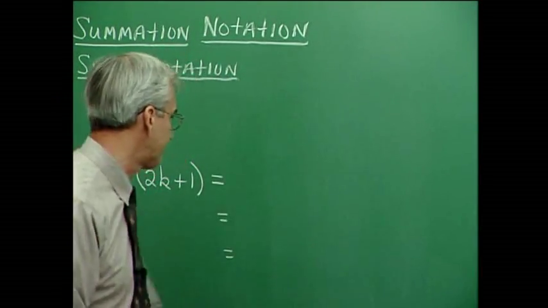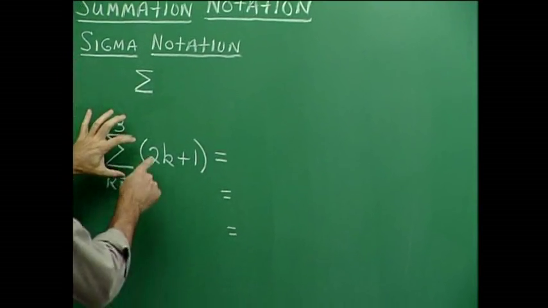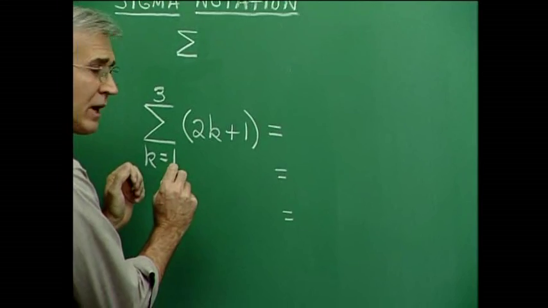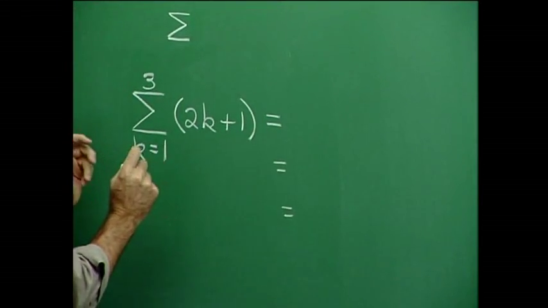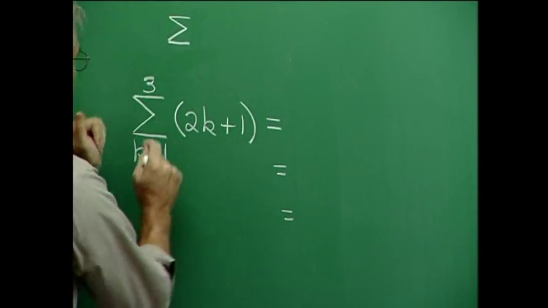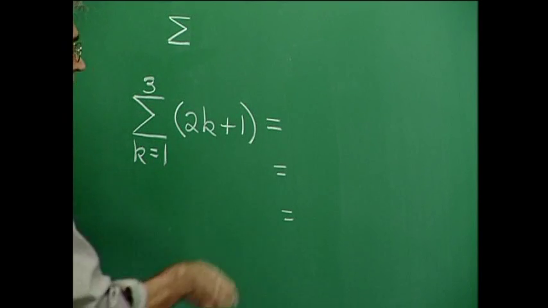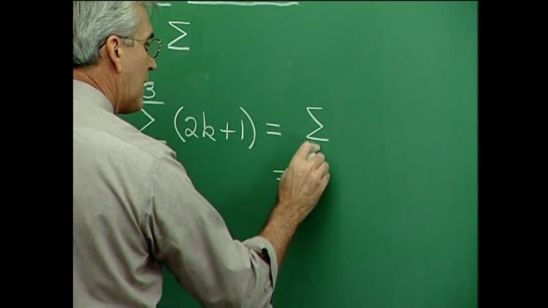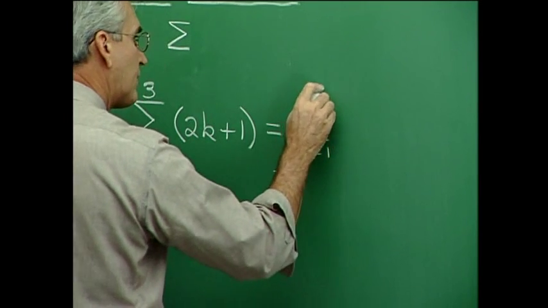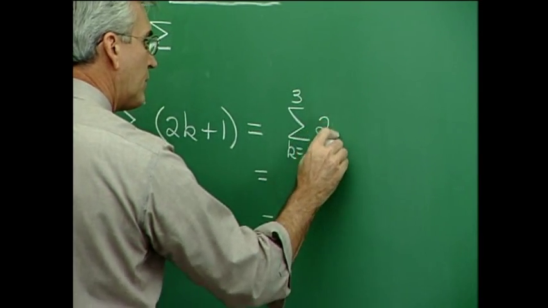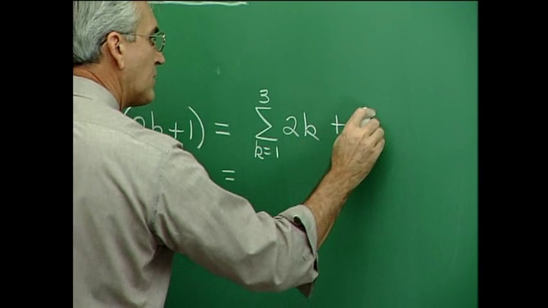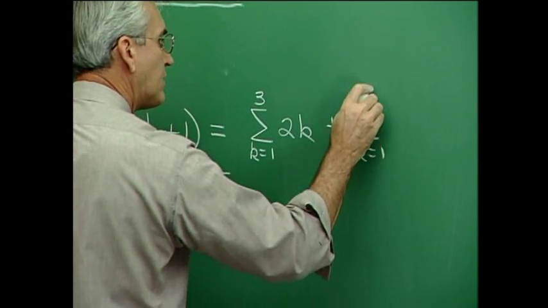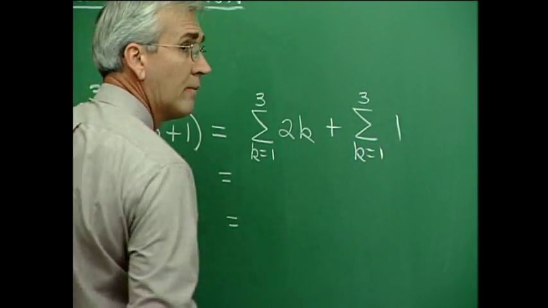I could say, well, the summation of items given by this expression can be thought of as the sum of this plus the sum of that. That is, it's the sum as k runs from 1 to 3 of 2k plus the sum as k runs from 1 to 3 of 1.